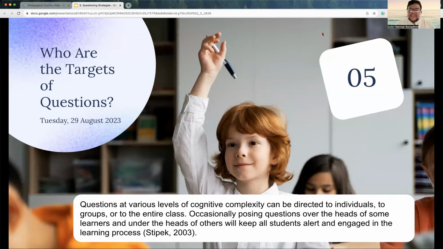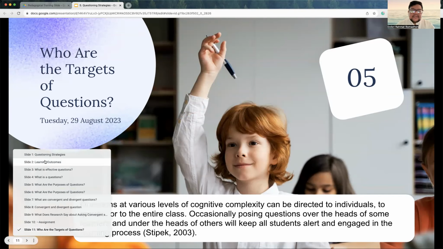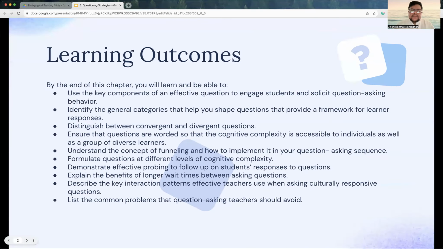Okay, this session we are going to continue our previous topic about questioning strategies. In the previous meeting, we discussed the learning outcomes that you are expected to achieve at the end of the lesson.